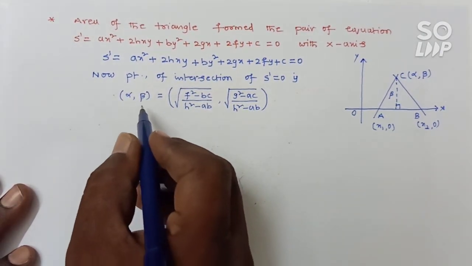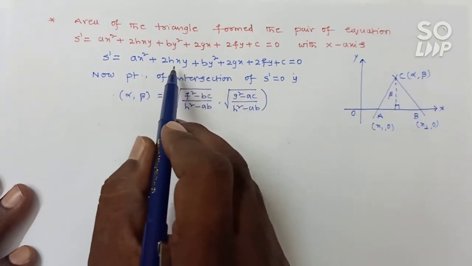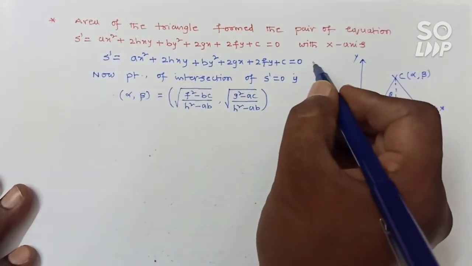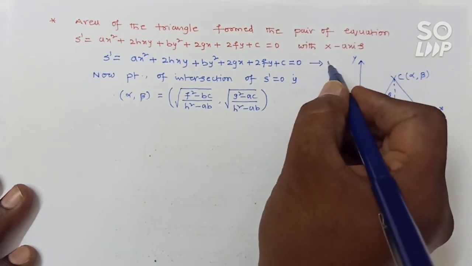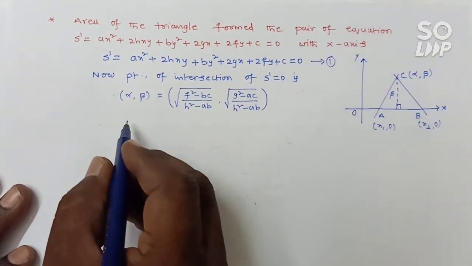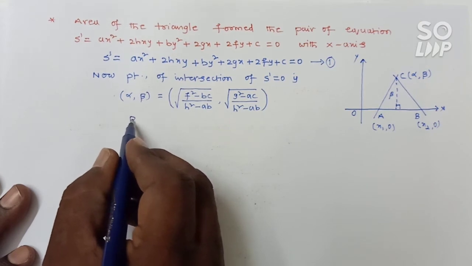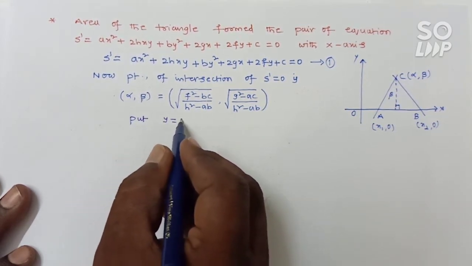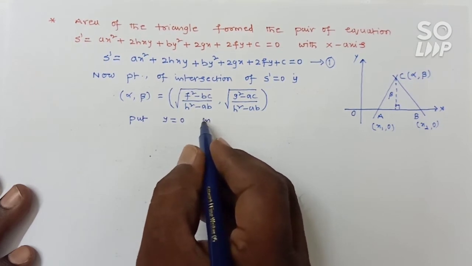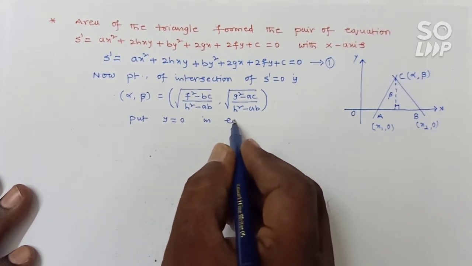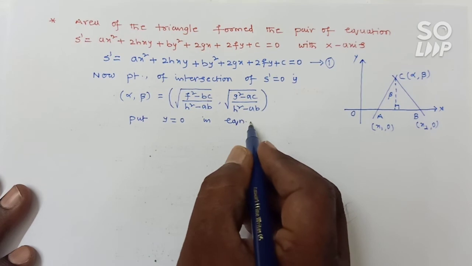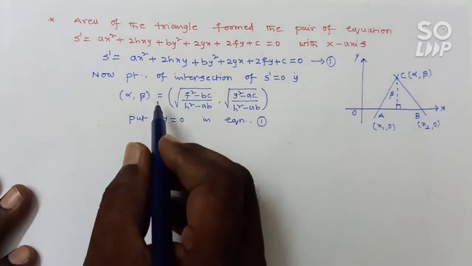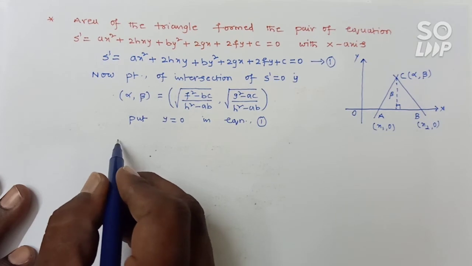So now when this pair of equation is intersecting the x-axis, let this one be equation 1. Put y is equals to 0 in equation 1. That means what is the resultant value?